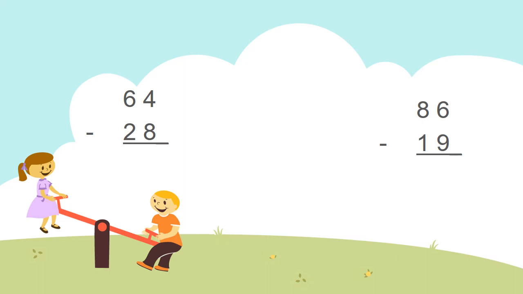So let's start with our first problem. Here, 64 minus 28. We're going to start with our ones. 4, take away 8. Can I take away 8 from 4? I have only 4 apples. Can I eat 8? No, of course. So what am I going to do? I'm going to borrow 1. I'm going to take 1 from the tens. The tens will become 5.